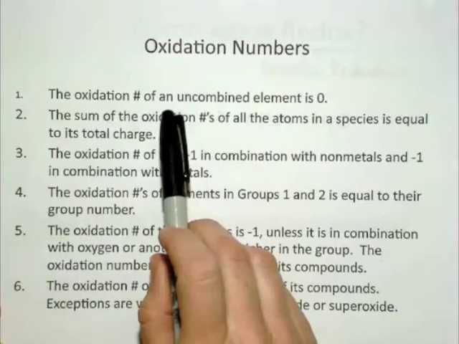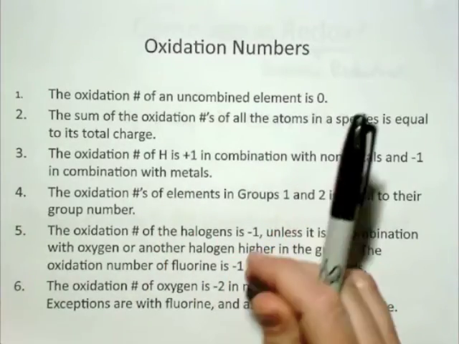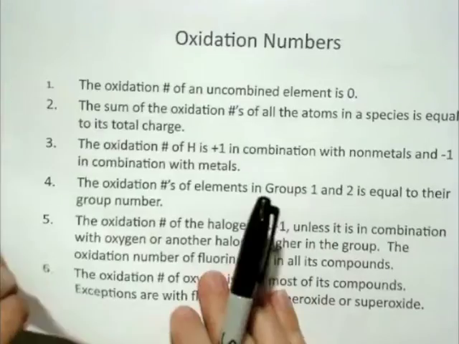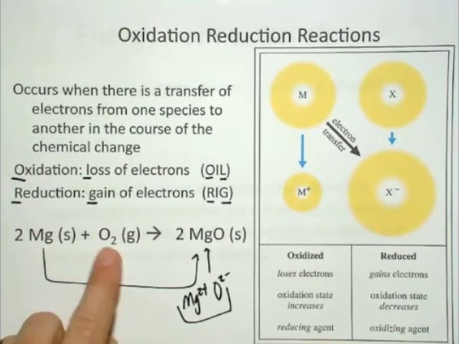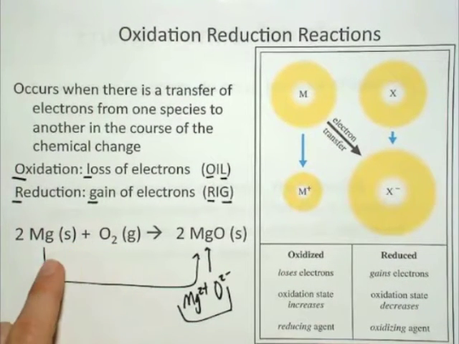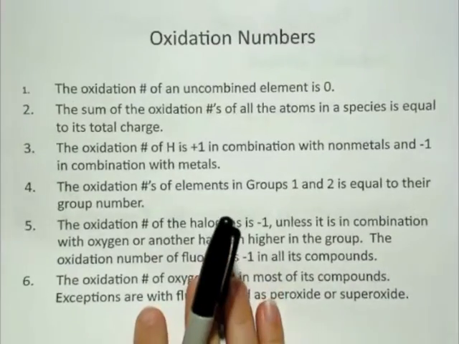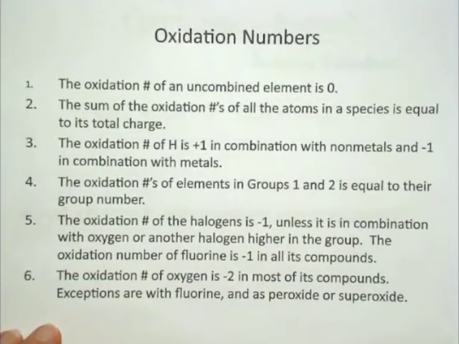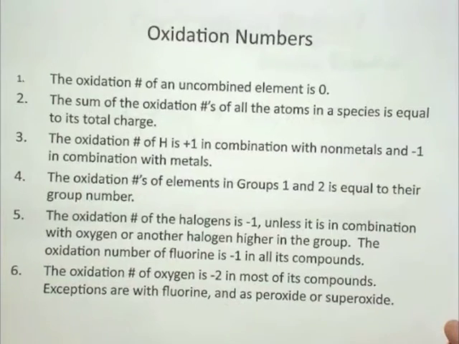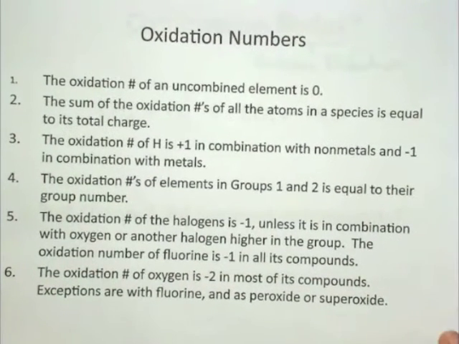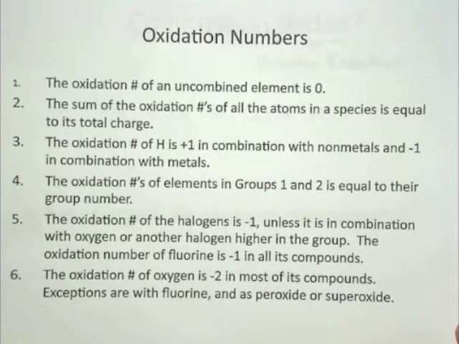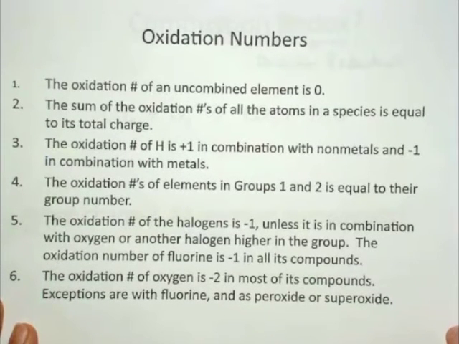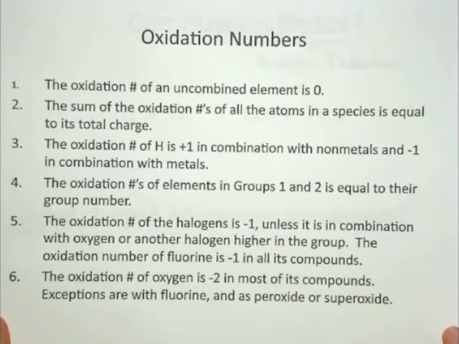The oxidation number of an uncombined element is always 0. So for example, in the case of these elements, the oxidation numbers would be 0. Now, an oxidation number is different than a charge. In the case of an element that's just an uncombined atom, the oxidation number is the same as the charge.